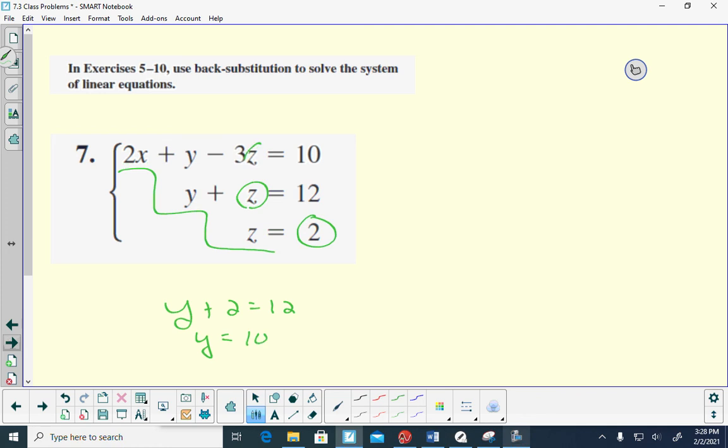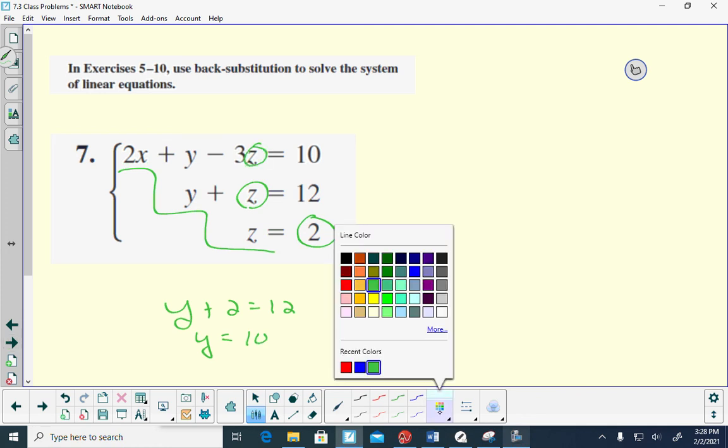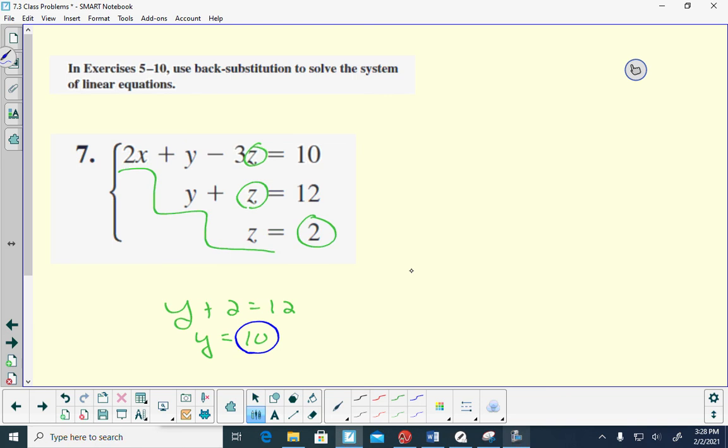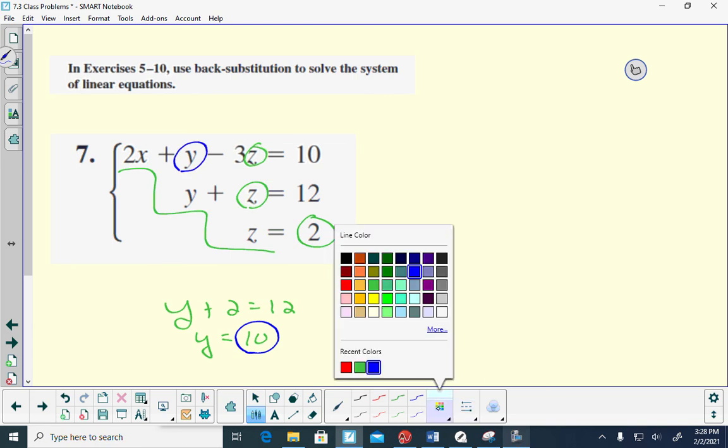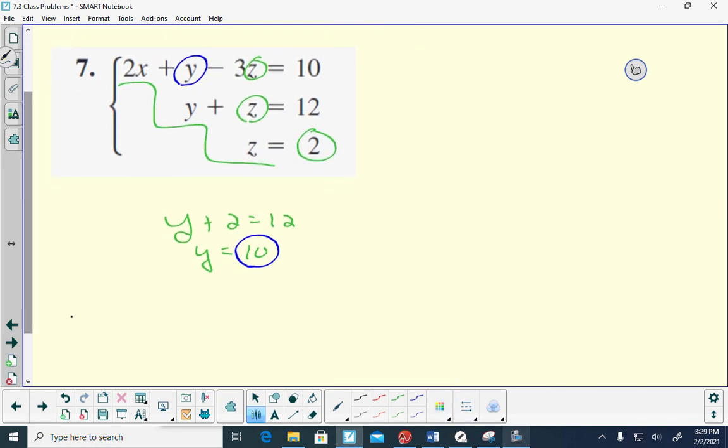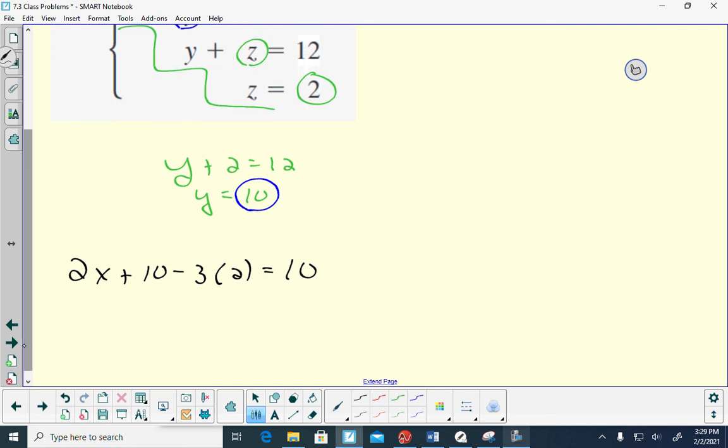Now I'm putting that 2 back in for this z, and I am going to put this 10 back in for the y, and I'm going to solve for x. So when I do that, I am going to have 2x plus y, which we just said was 10, minus 3z, which is 2, and it is equal to 10. So I'm going to have 2x, and then this will be 10 minus 6 is equal to 10.